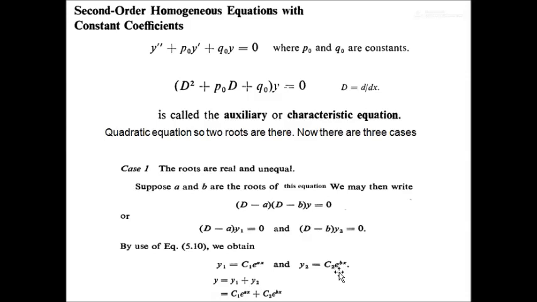Any linear combination must be another solution. So y equal to c1 e to the power ax plus c2 e to the power bx must be a solution of this differential equation.